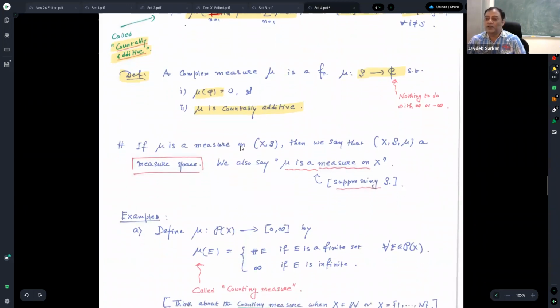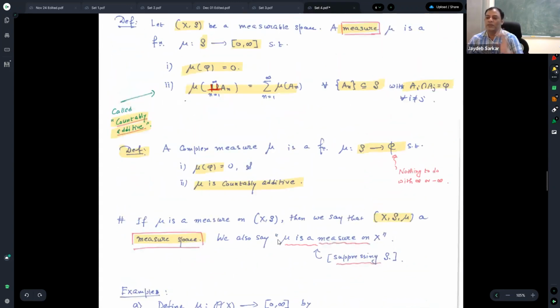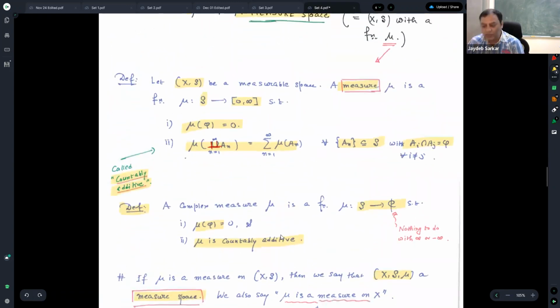Now, if mu is a measure on X, then we say that X, S, mu, this triple, is a measure space. So what is a measure space? A measure space is a measurable space, first of all, along with a measure mu defined on the sigma algebra.